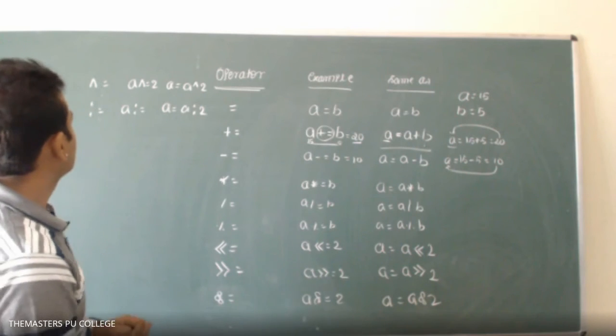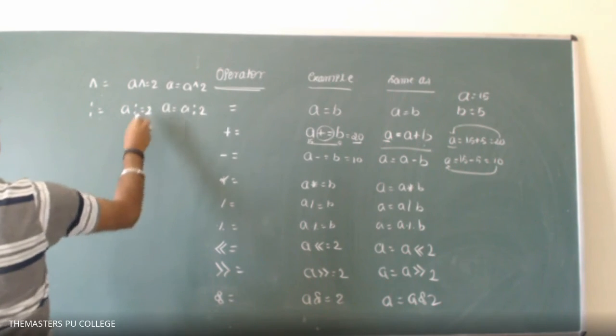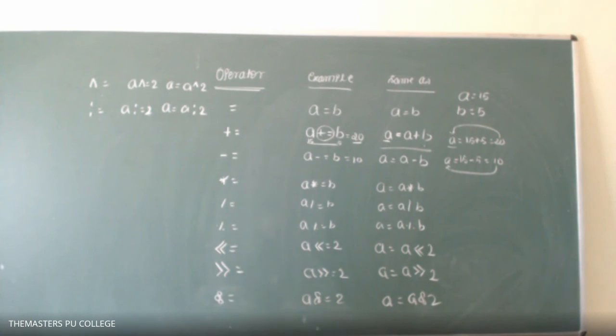Which one? The OR one, next below, sir. Yes, the value 2 needs to be written. Okay, is it fine now? Yes sir.